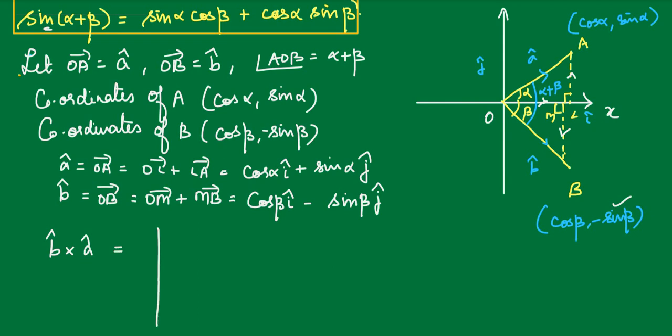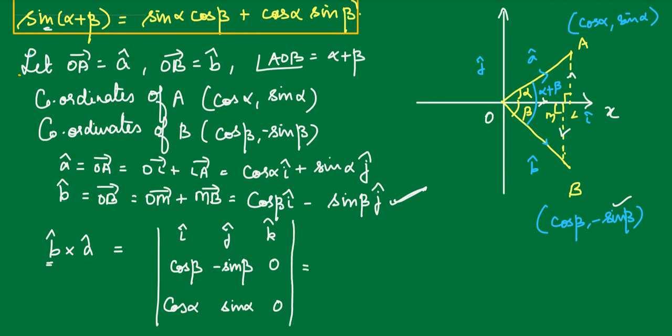Cross product, we know to take the cross product in the determinant form, taking the first row as the unit vectors i j k, components of B vector to be taken in the second row. First B vector components, that is cos beta, minus sin beta, and there is no k cap, so we take 0 here. Components of A cap will be cos alpha, sin alpha, and 0.